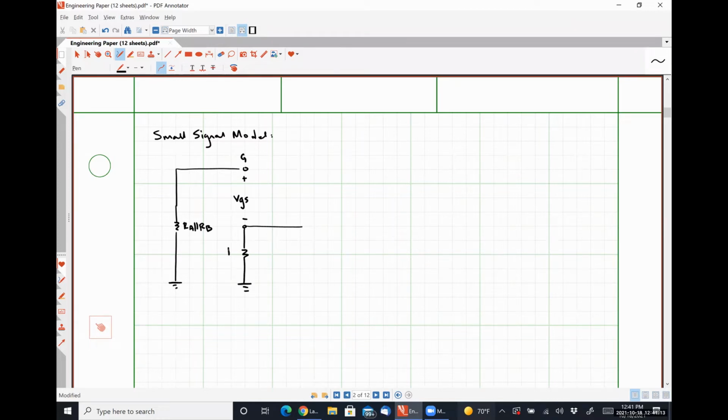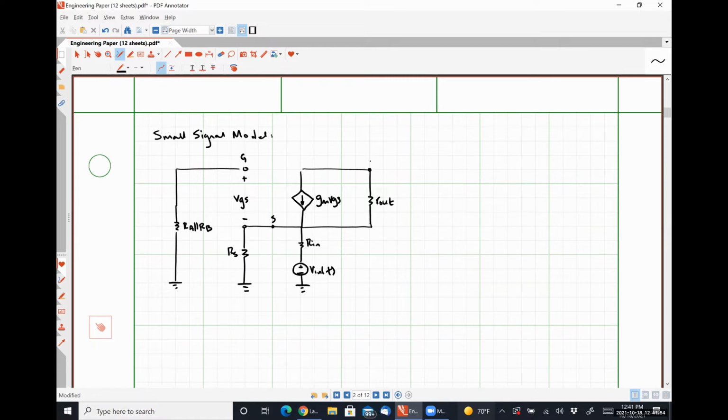I have that resistance RS. I also have RN in series with VN. Here's gm VGS. Here's r out.